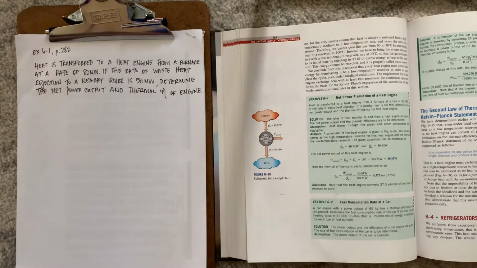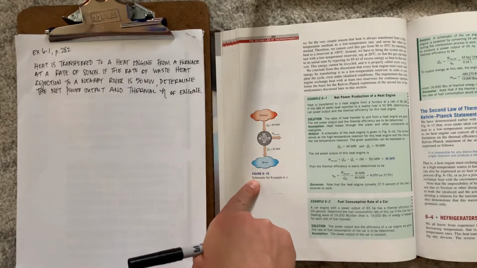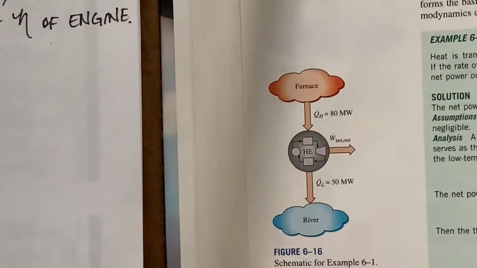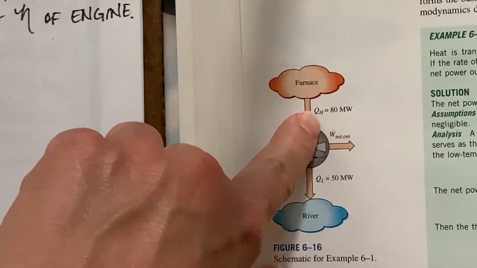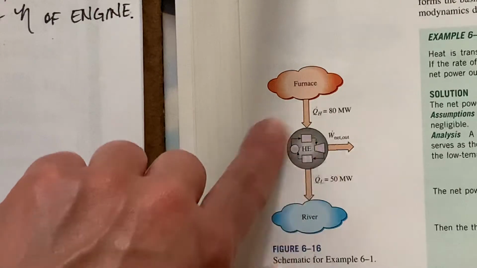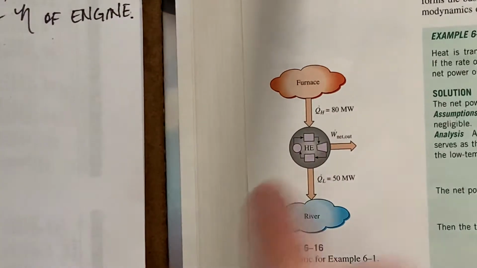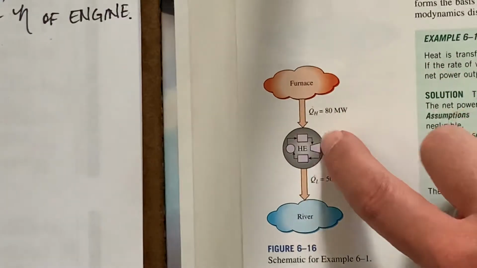All right, so we have some sort of system like in this figure here, where we have a furnace supplying 80 megawatts of heat per time into a heat engine, which is in a cyclical process where we have a boiler, a condenser, and a pump cycling around.